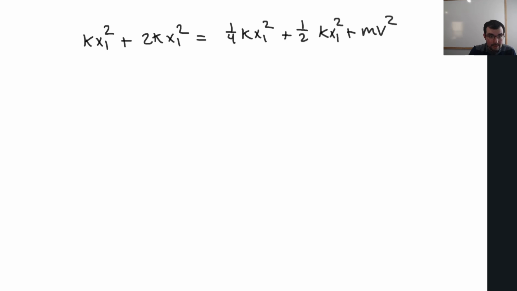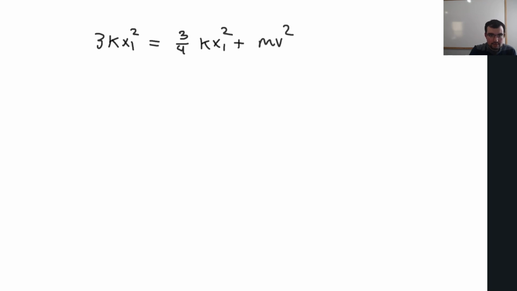Now simplifying again, 1 and 2 make 3 kx1 squared. And then 1/4 and 2/4 make 3/4 kx1 squared, plus 1/2 mv squared.